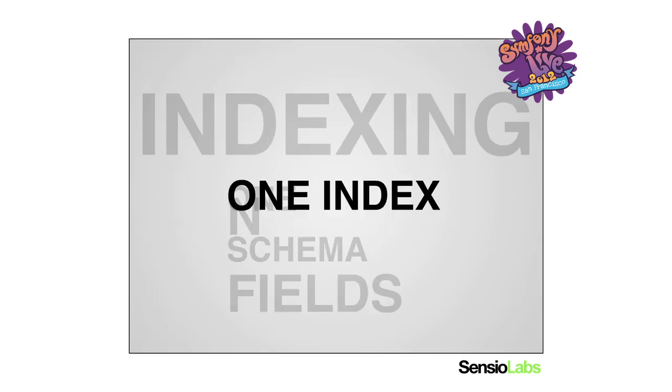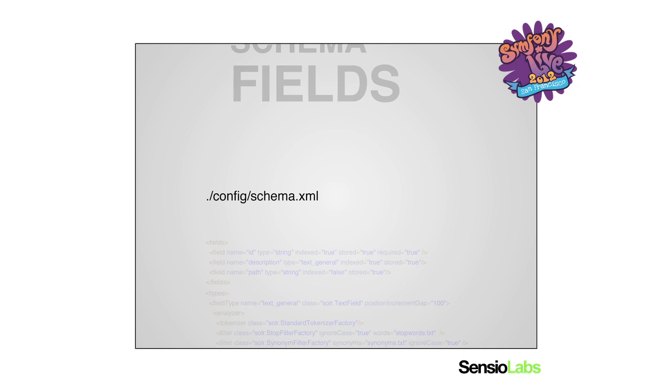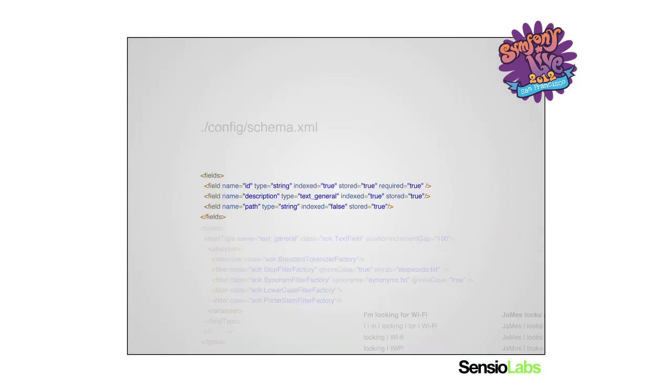By default, Solr provides you one index, it means one schema, and in this schema you have several fields. Okay, so this schema is defined in the schema file. And in this schema file, you define your fields. Okay, so fields have a name, have a type, and some other attributes.